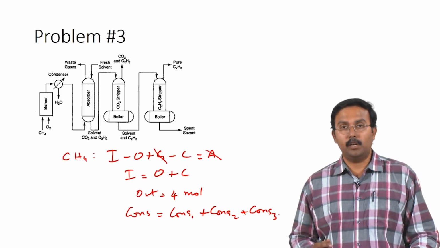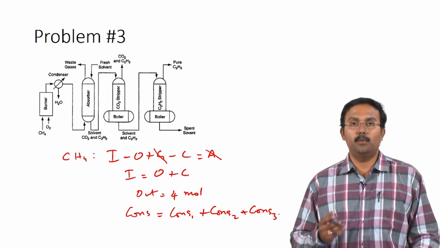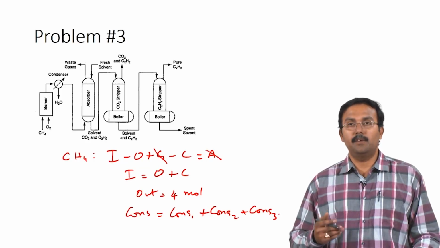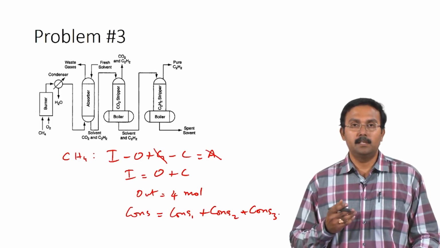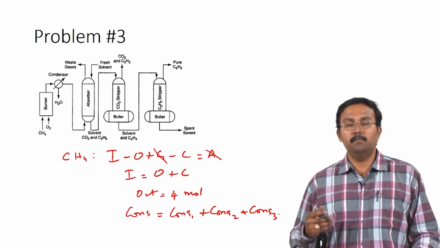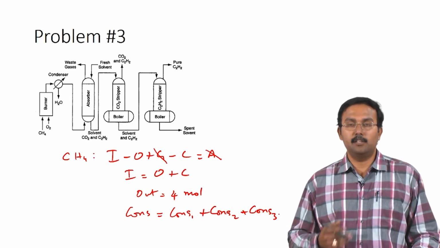Looking at the stoichiometry, for every mole of carbon dioxide produced, 1 mole of methane is consumed. For every mole of carbon monoxide produced, 1 mole of methane is consumed. For every mole of acetylene produced, 2 moles of methane are consumed.